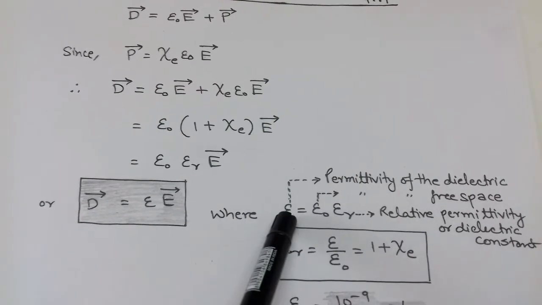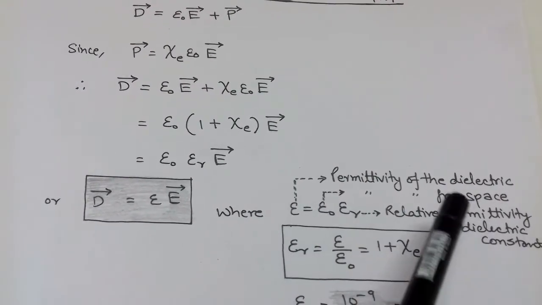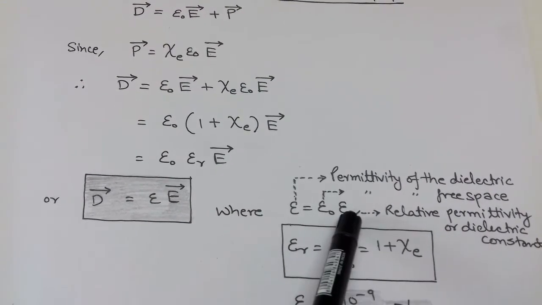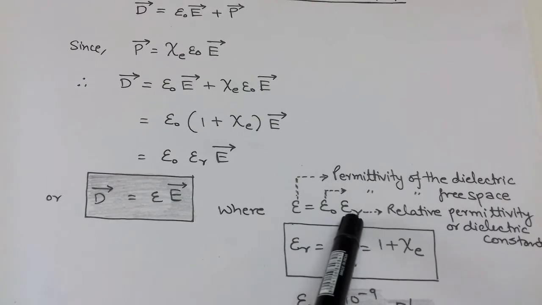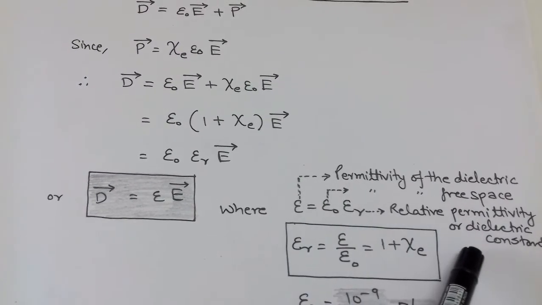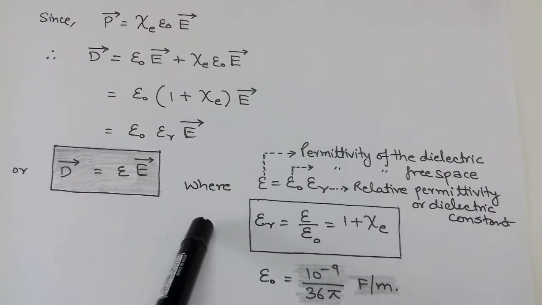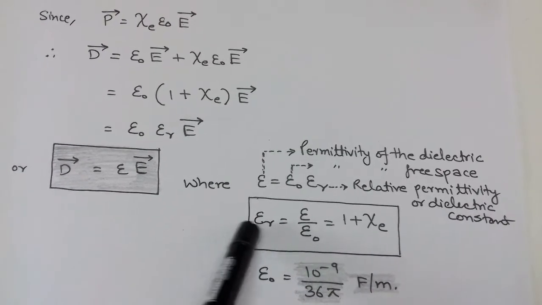This epsilon is called the permittivity of the dielectric. Epsilon naught is the permittivity of free space, and epsilon R is called the relative permittivity or dielectric constant.